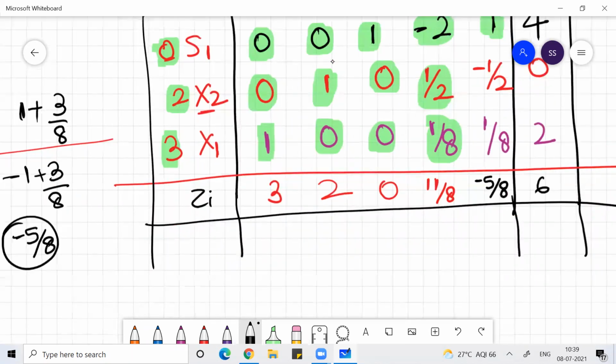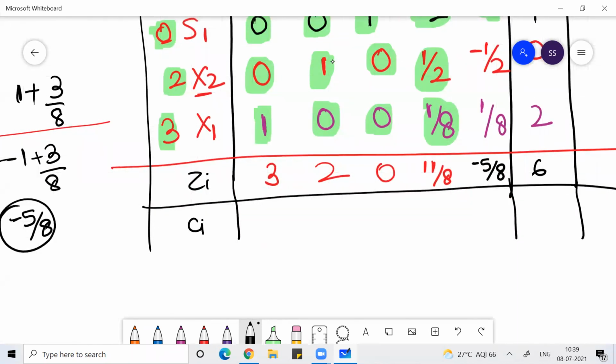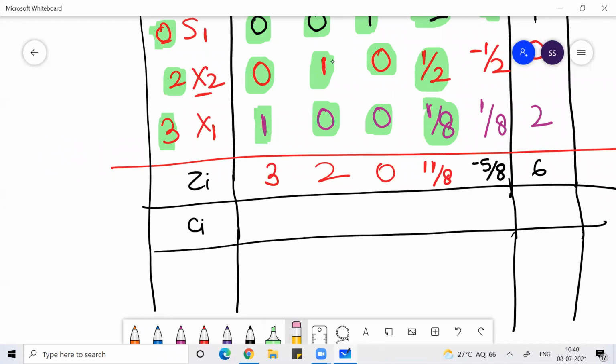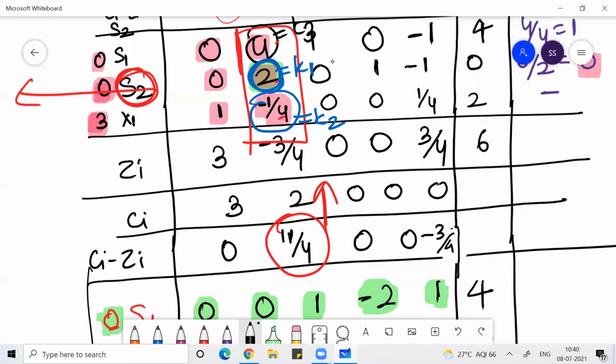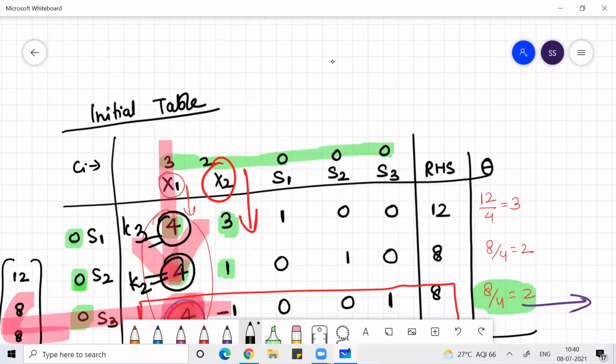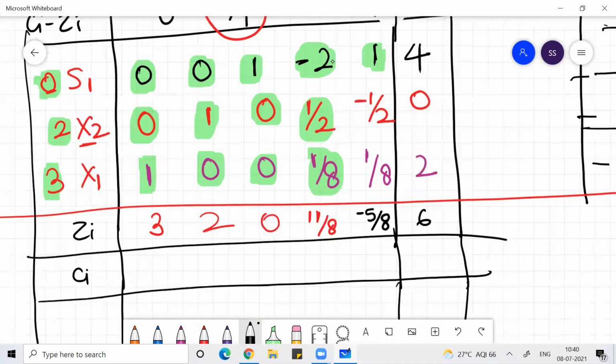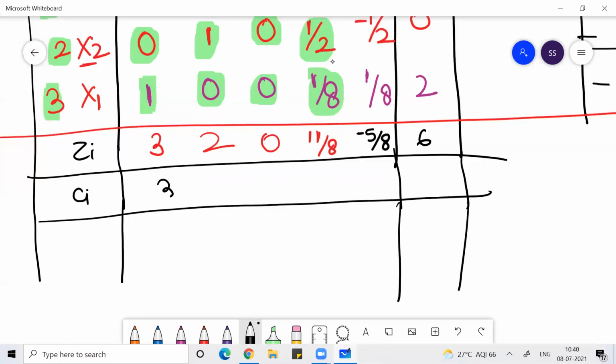CI values. So CI values are, if you see, 3, 2, 0, 0, 0.